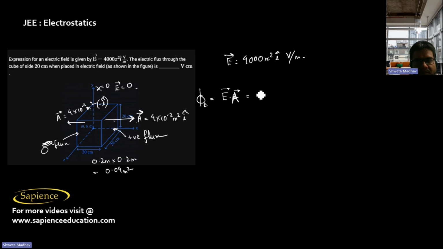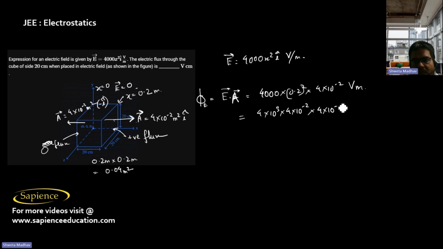So the flux will be E dot A, that is 4000 into x square, where the value of x is 0.2 meter. So 0.2 whole square into 4 into 10 power minus 2, in volt meter. This is 4 into 10 power 3 into 4 into 10 power minus 2 into 4 into 10 power minus 2 volt meter.